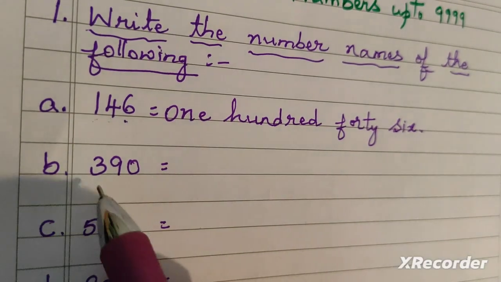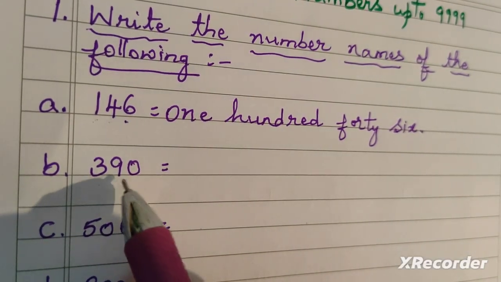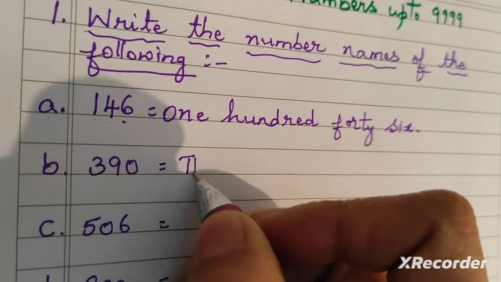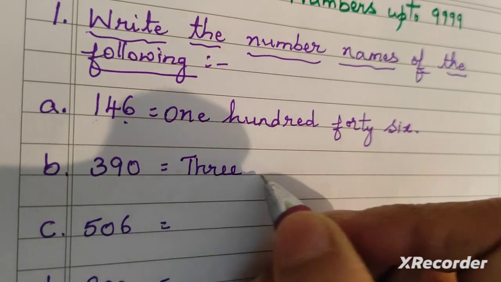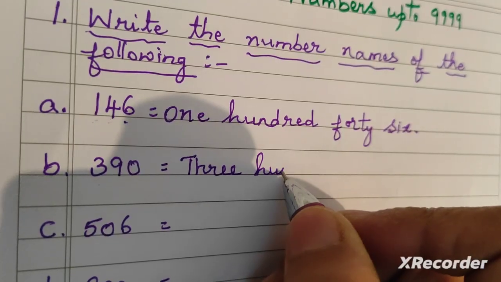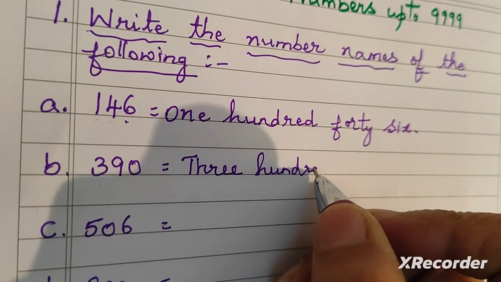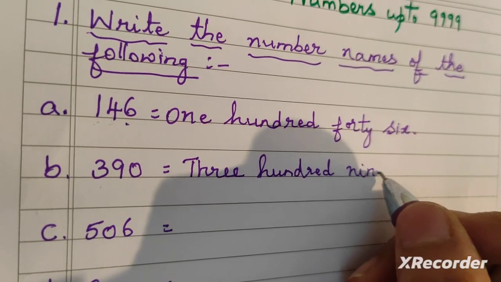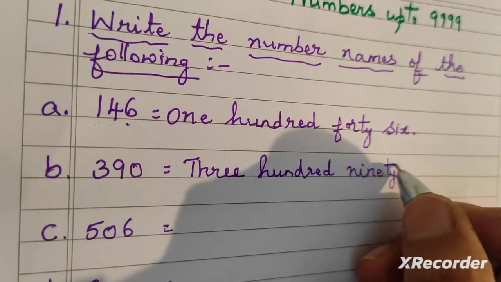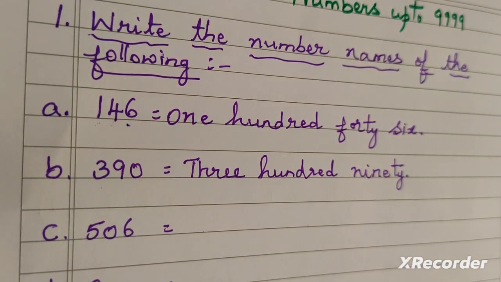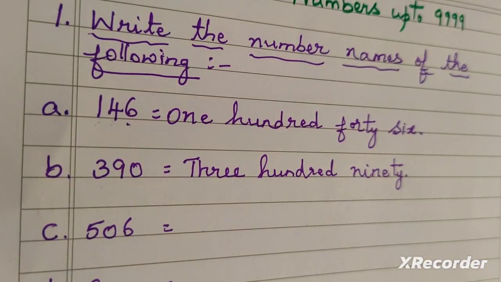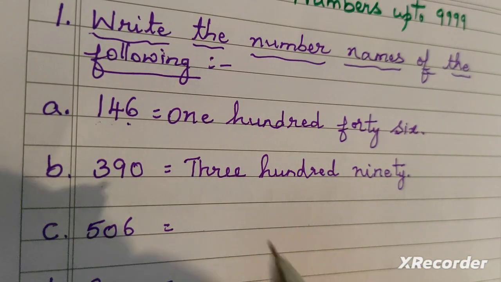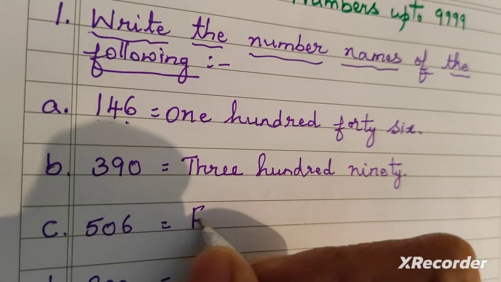Now, what is this? 390. Ninety. This is the number name. What is the next one? 506. 500.